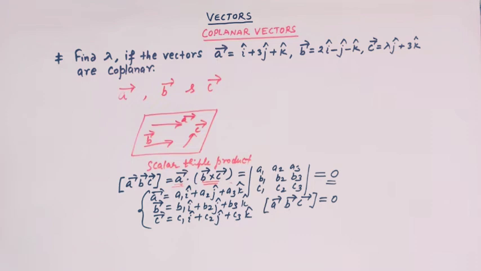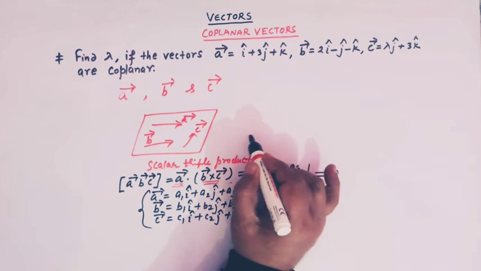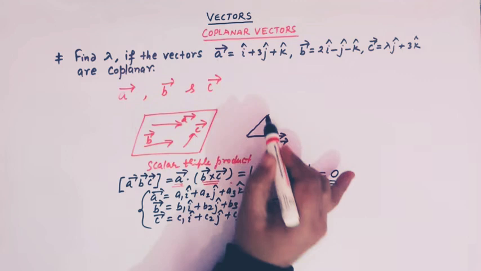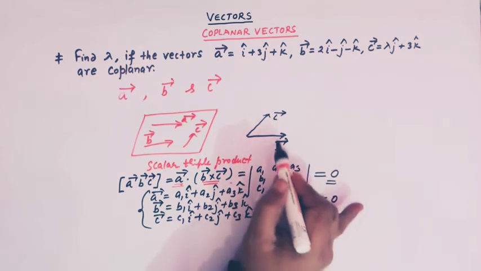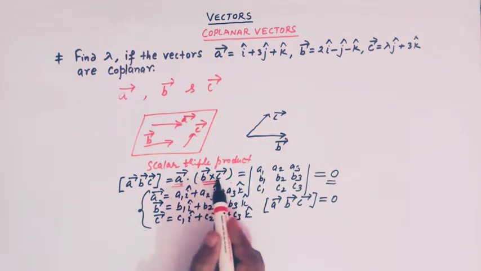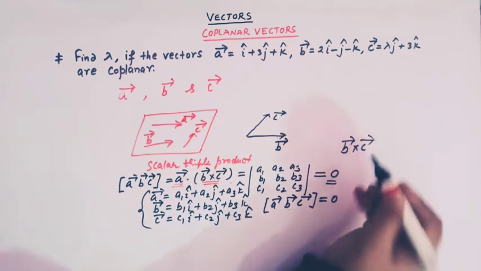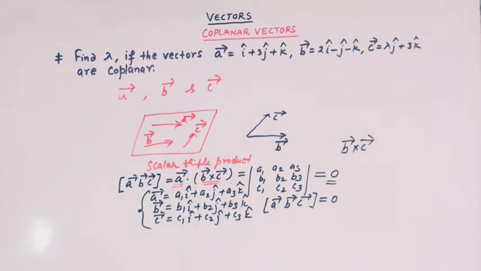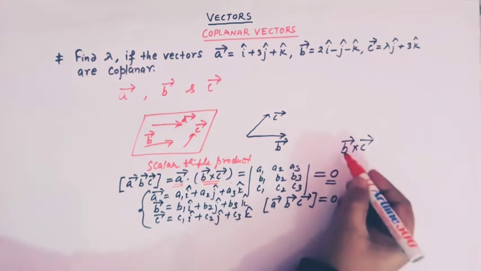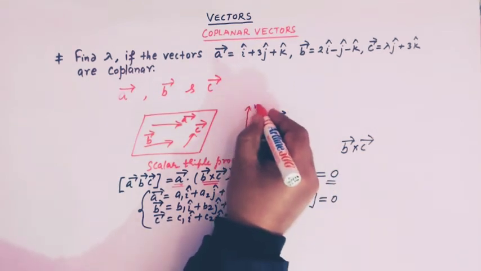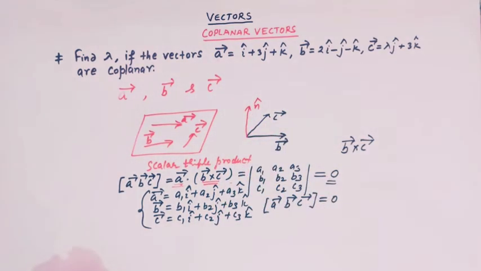Now viewers, let us understand the concept of coplanarity of vectors geometrically, right? So here let us take the vector B and let us take the vector C. Now when we take the cross product or the vector product of B cross C, then we see that the direction of B cross C is given by this unit vector n cap, right?